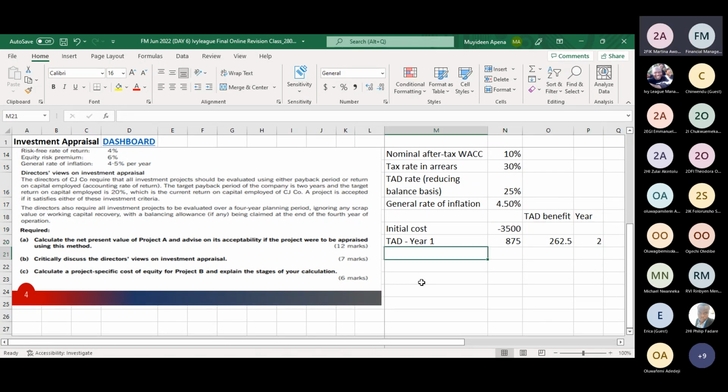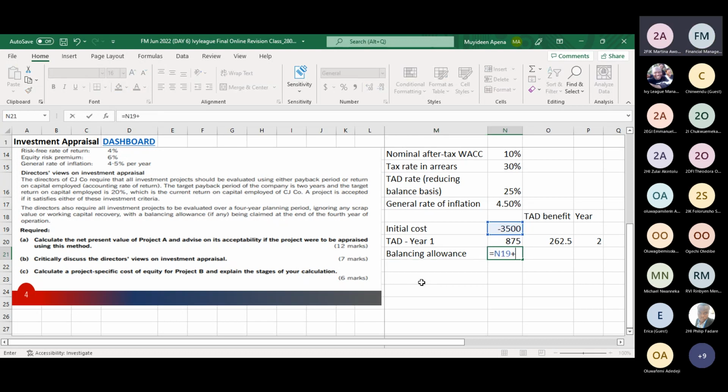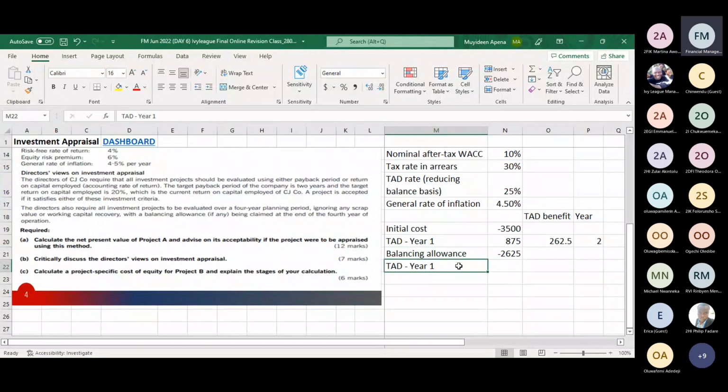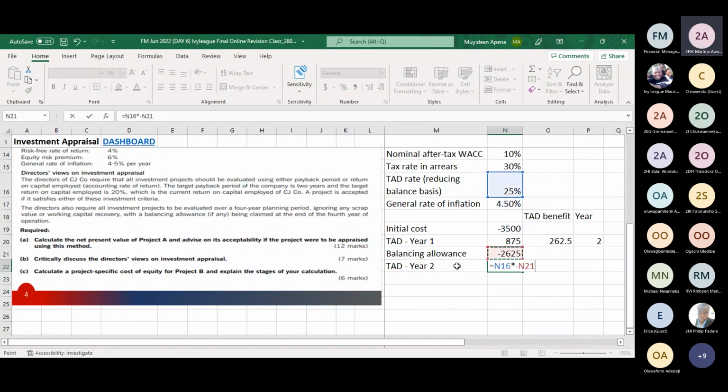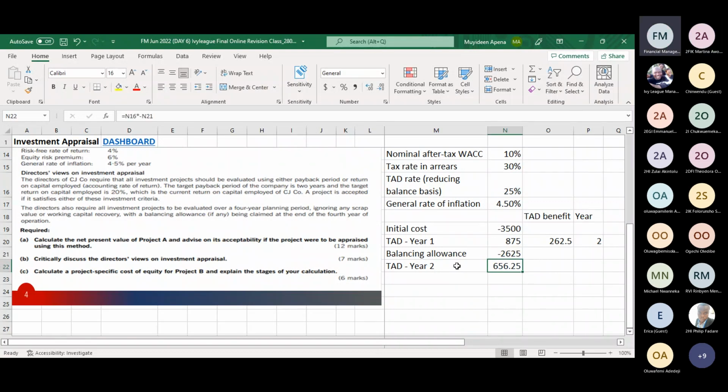So what is the balancing allowance? Add those two figures, so the difference between these two, isn't it? Then what happened in year 2? 25% of this balancing allowance, isn't it? Okay.